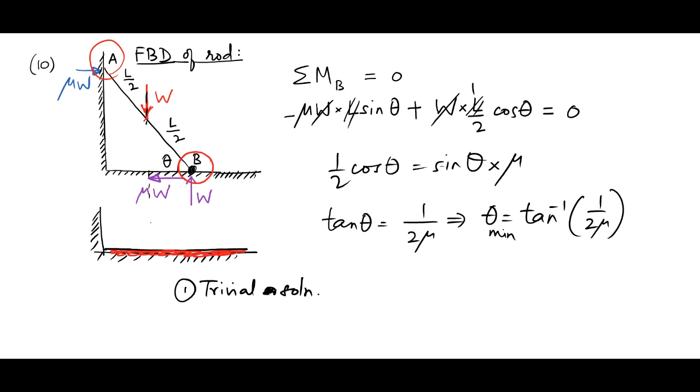In fact, if we assume this second diagram which I have drawn, the FBD which we have drawn earlier is not valid. For example, if I look at this normal reaction W from the floor, it will no longer act at point B over here.